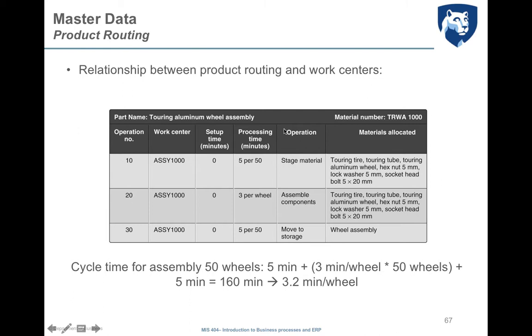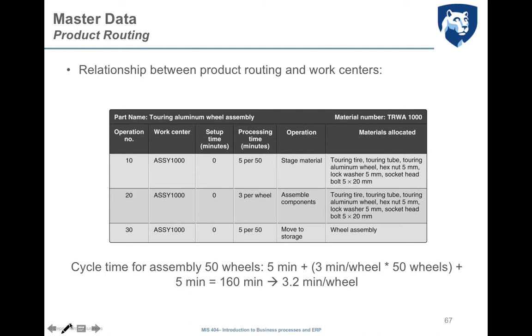More in detail, this figure illustrates the routing for the JBI wheel assembly. The figure identifies the required operations, so operation number 10, number 20, and number 30, and the work center where the operation will be completed, and the times associated with the operation and the components assigned to each operation.